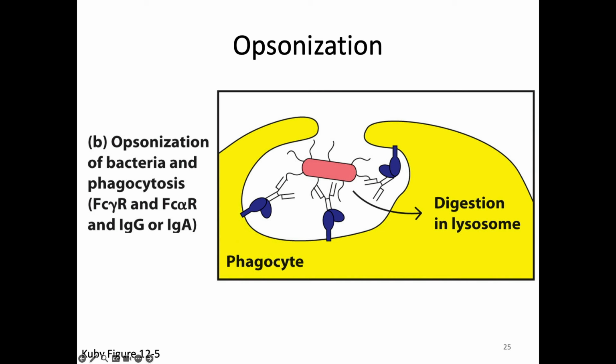And so the second way that antibodies can deal with microbes is that they can opsonize those microbes. When we talked about opsonization and complement, I had to tell you that there are some receptors on the surface of some phagocytic cells that were complement receptors.